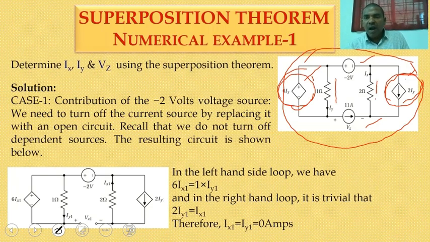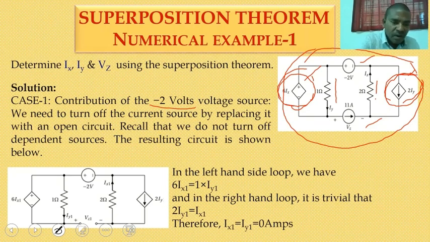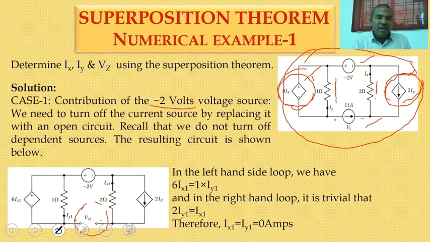Since these are dependent sources, you concentrate on the cases with respect to the independent sources. In the first case, the 2 volt voltage source is acting and I make the current source 0, so it is open circuited. I am writing the KVL equations for the left loop and the right loop.